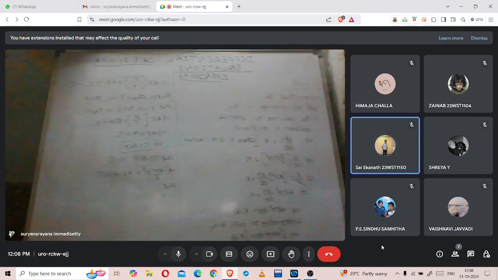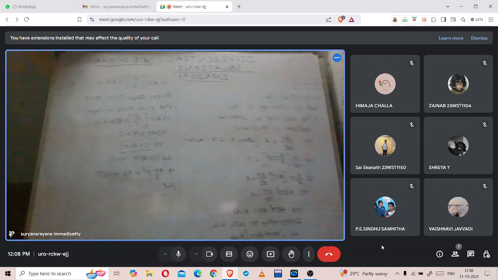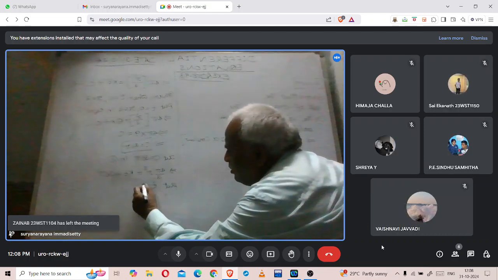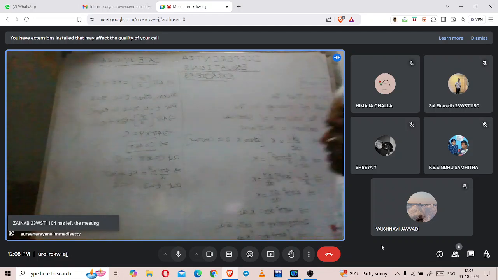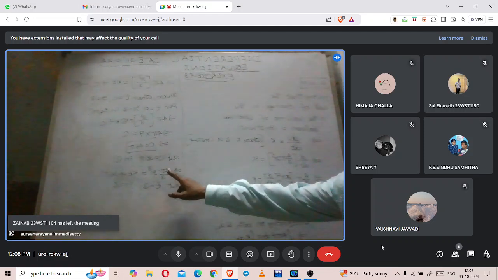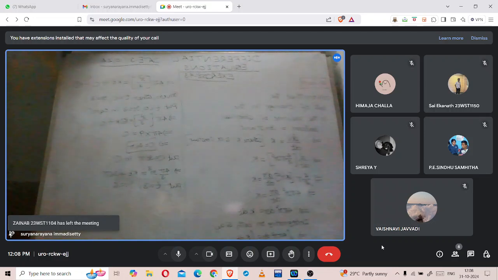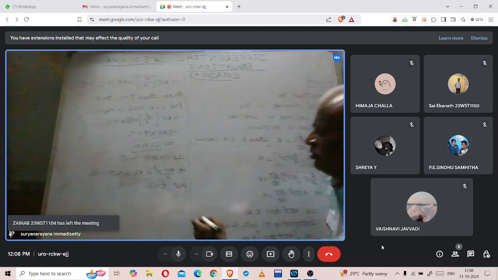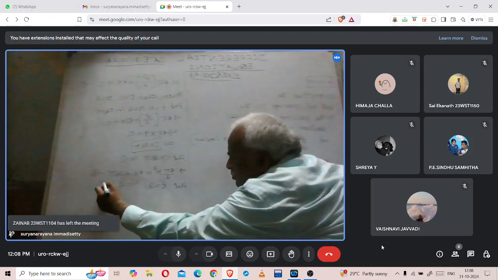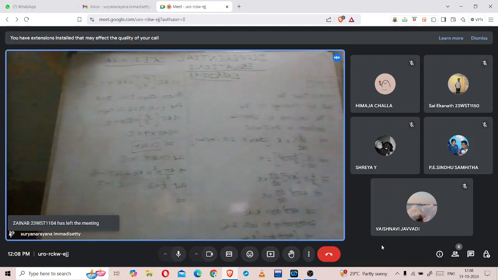Okay, solve it. Then we get the k value also. In this equation, if you substitute t equal to 3 and r equal to 6, then you get the k value.